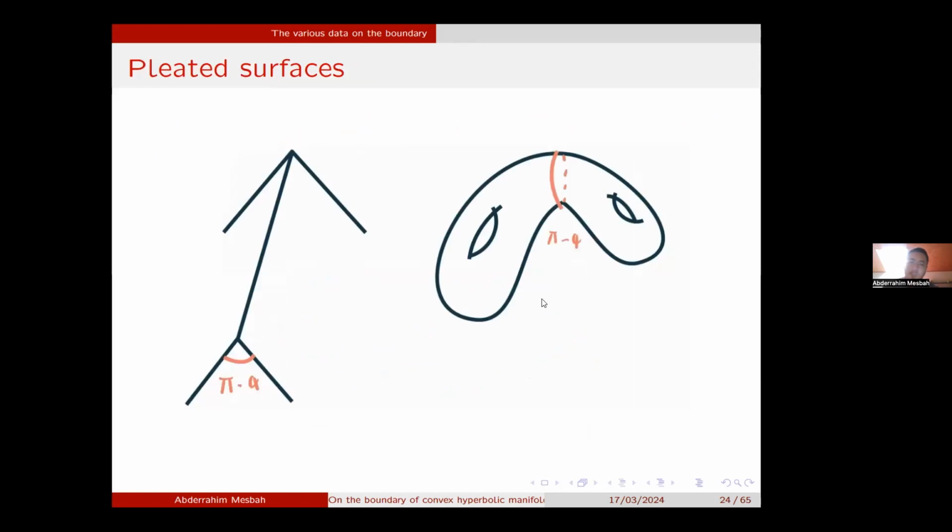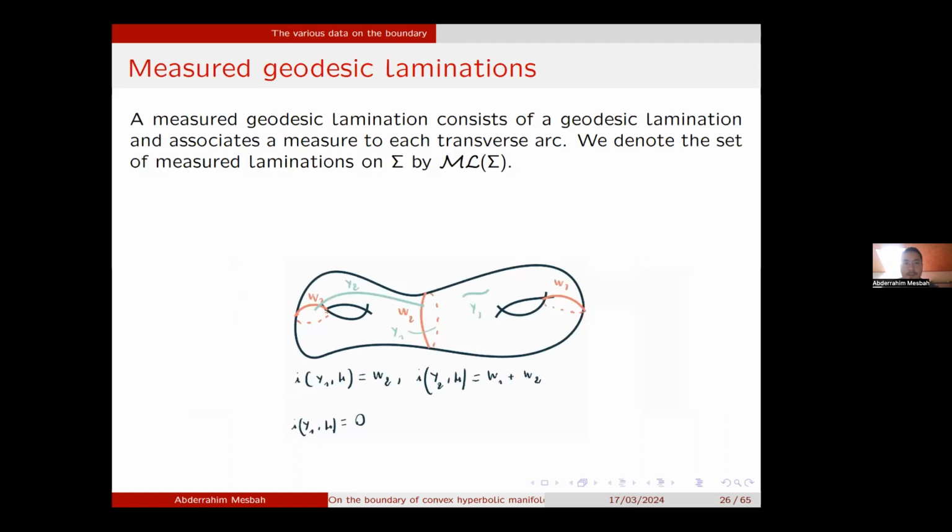As an example, if we take the pleated surface in that picture, which is bent along this geodesic with the angle pi minus alpha, it gives us a measured lamination on sigma, which consists of this geodesic along which it is bent, with weight pi minus alpha, the angle of bending.